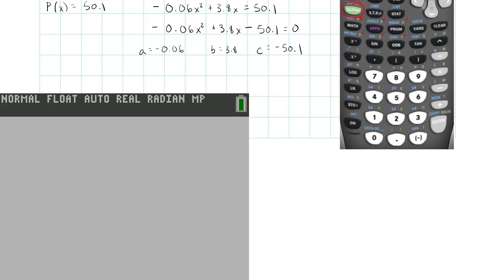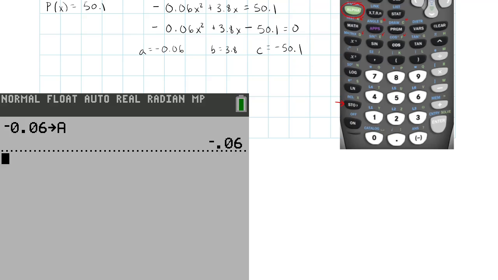Now going to the calculator, I want to enter my numbers. So I'm going to start by typing in negative 0.06. And then the key I'm going to use is this key labeled STO. That stands for store. I'm going to hit the store key, and then I'm going to say alpha A. I hit enter, and it just shows me that number that I entered again.